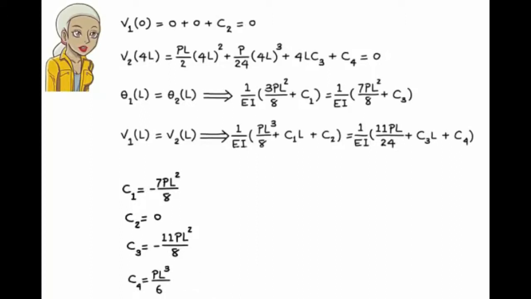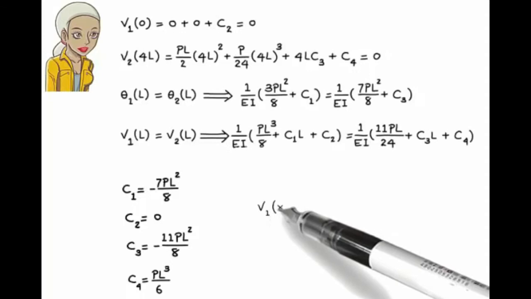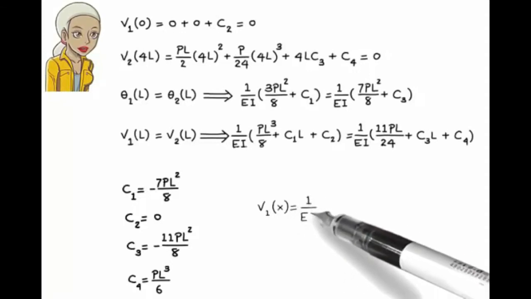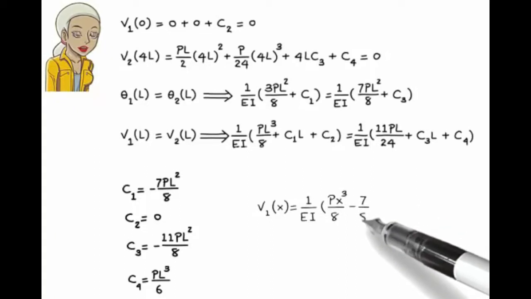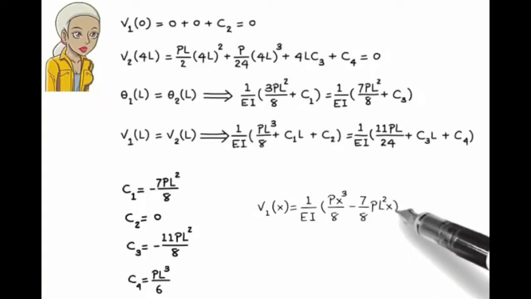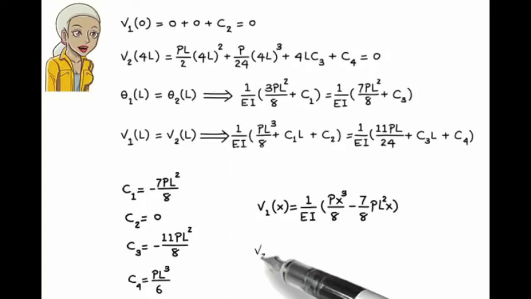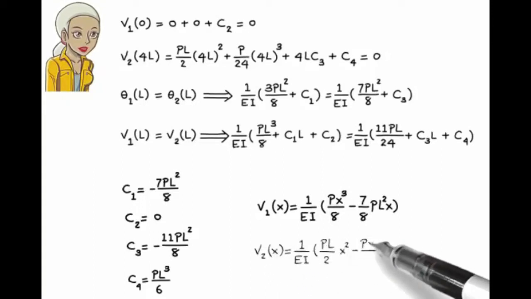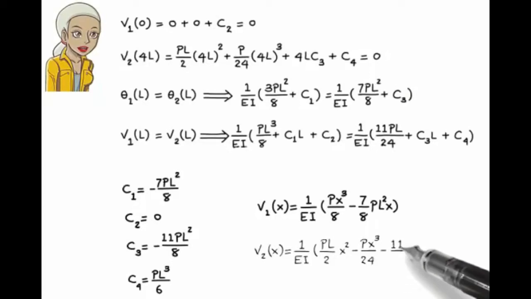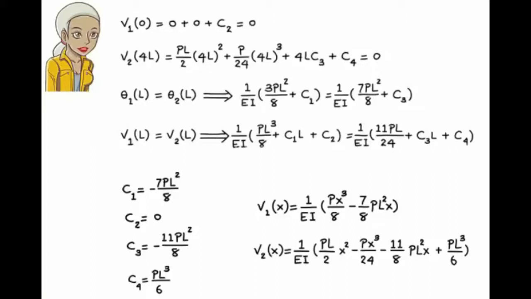Therefore, the deflection equations can be written as V1 equals 1 over EI times Px cubed over 8 minus 7 over 8 times PL squared x. V2 equals 1 over EI times PLx squared over 2 minus Px cubed over 24 minus 11PL squared x over 8 plus PL cubed over 6.